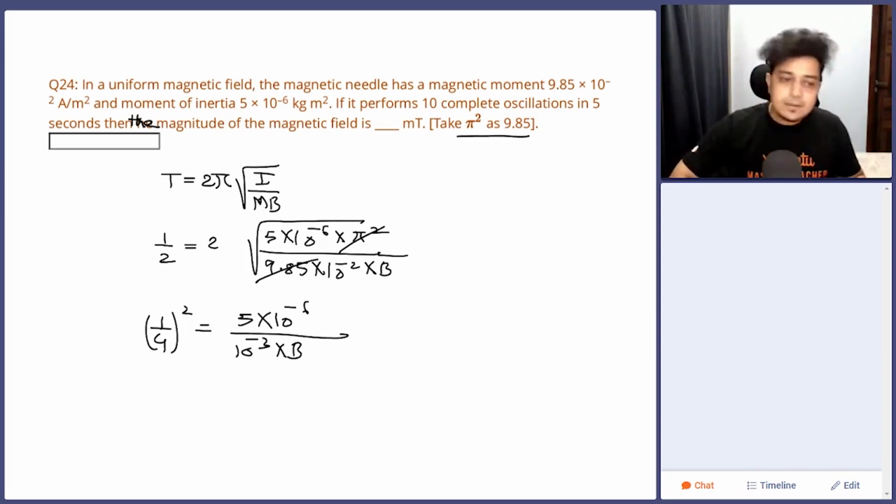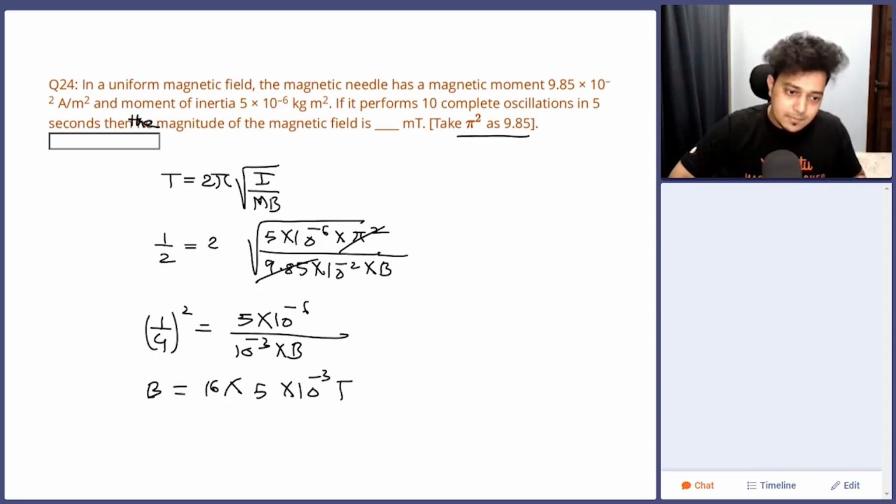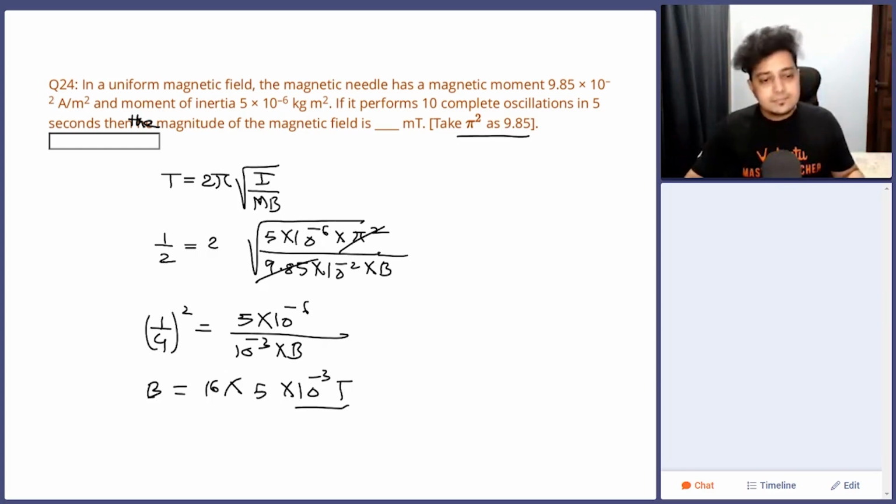It's only B that is unknown here. So B will be moved up, and 1 by 4 square is basically 16, so 16 will be here in multiplication. Minus 3 will move up. It will be 10 raised to minus 6 plus 3 minus 3, 10 raised to minus 3 Tesla. So this is your answer. This is millitesla. This is your final answer.